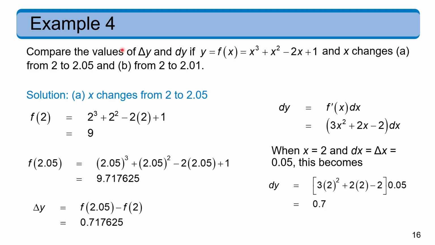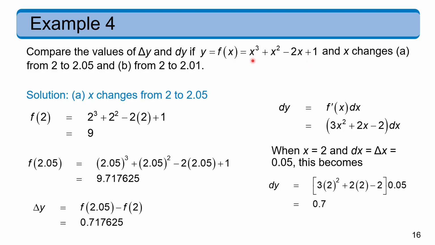And let's find delta y first. So delta y is just the ending y value minus the beginning y value. Right, and since we're going from 2 to 2.05, the ending y value is f of 2.05, and the beginning y value is f at the beginning x value, right, f of 2. So up here we're calculating those two things, and that's just a matter of plugging the given x value into this formula.